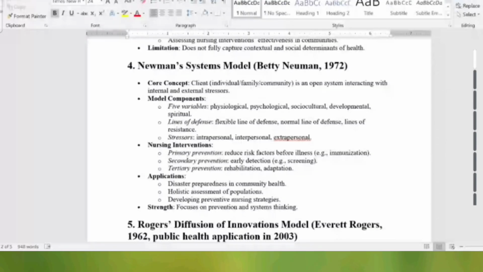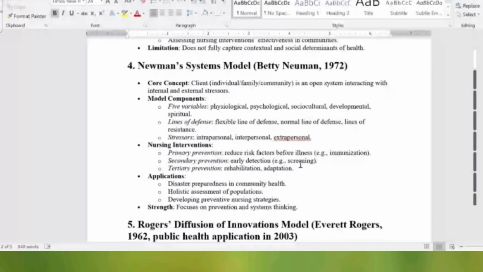Model components: we have five variables, that is physiological, psychological, social, cultural, developmental, spiritual. Lines of defense: we have a flexible line of defense, normal line of defense, lines of resistance. Stressors: we have intrapersonal, interpersonal, and extrapersonal.